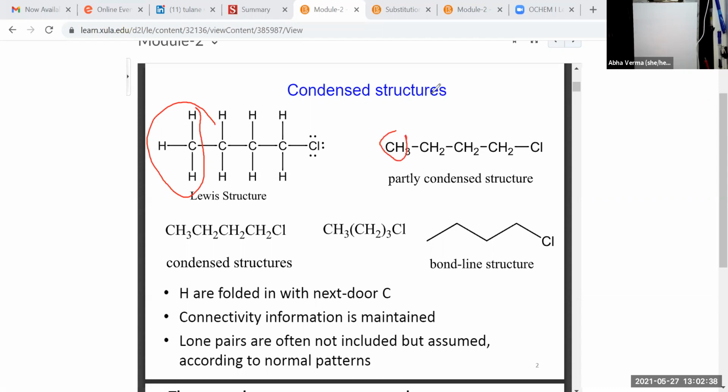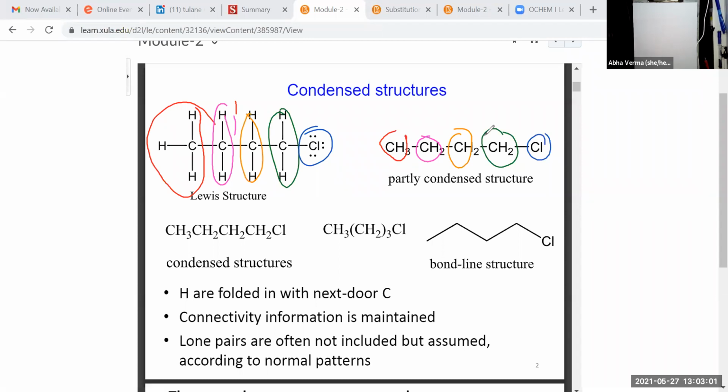The next one, the CH2, then the next CH2, another CH2, and then the last chlorine atom.